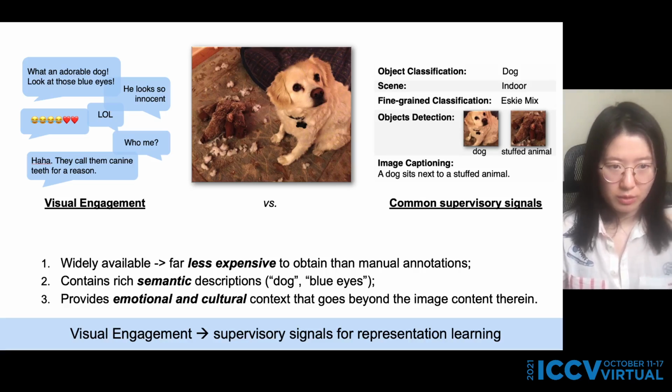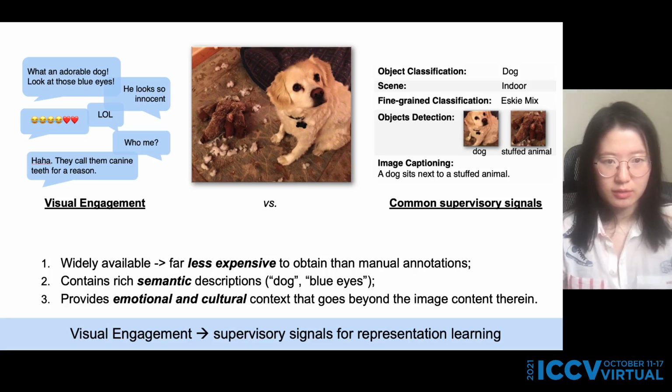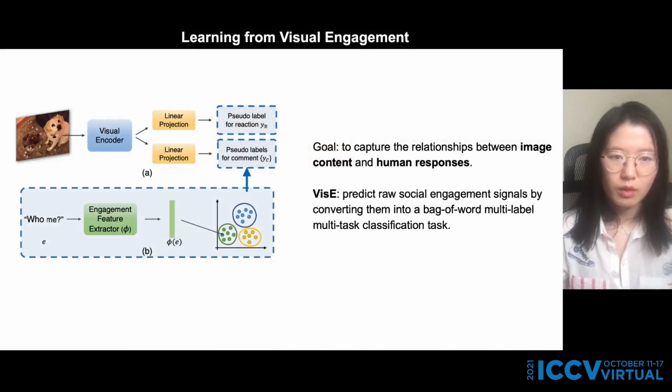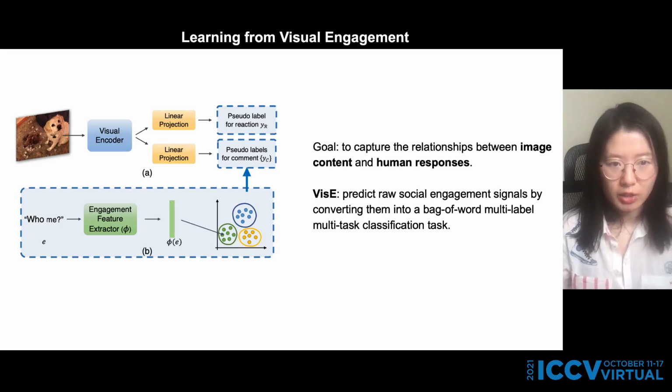Motivated by these observations, we argue that visual engagement clues can serve as supervisory signals for representation learning and transfer well to subjective downstream vision tasks. With the aim of learning representations that capture the relationships between image content and human responses, we introduce a simple yet effective framework, VICE.